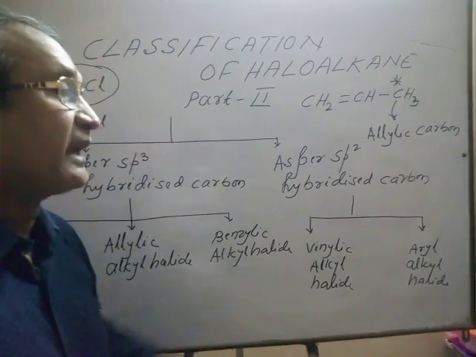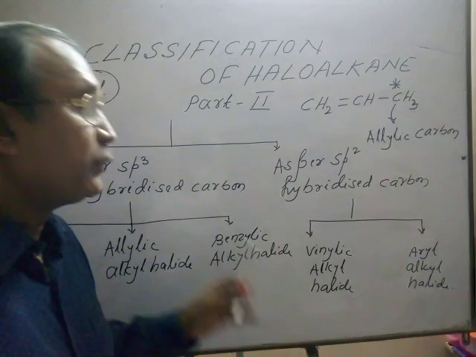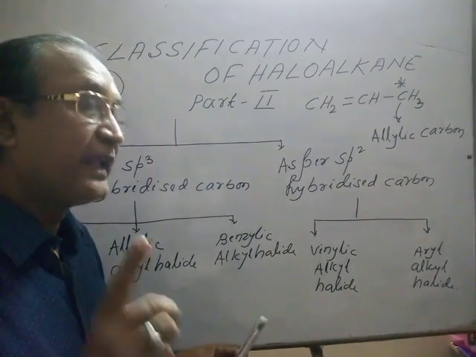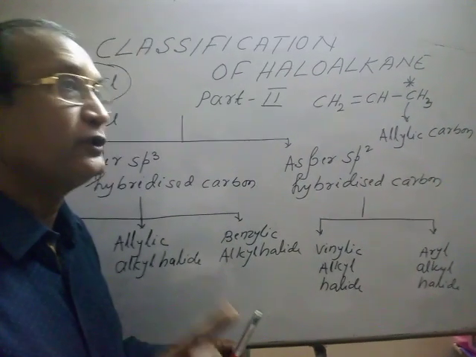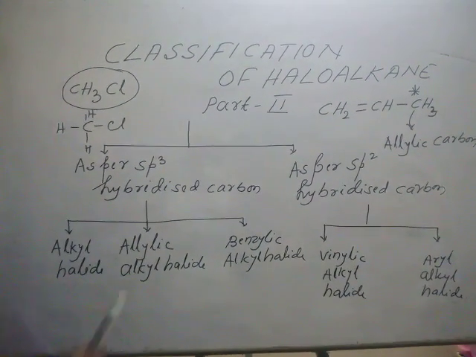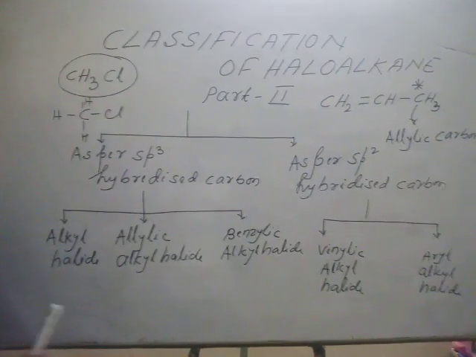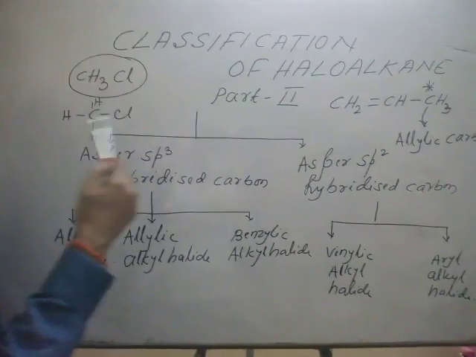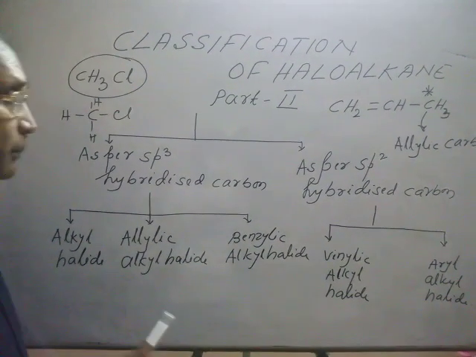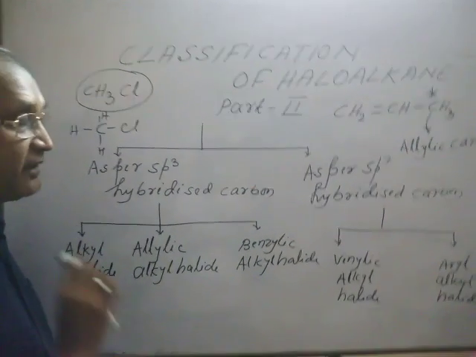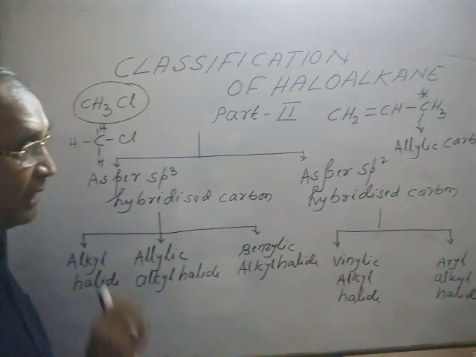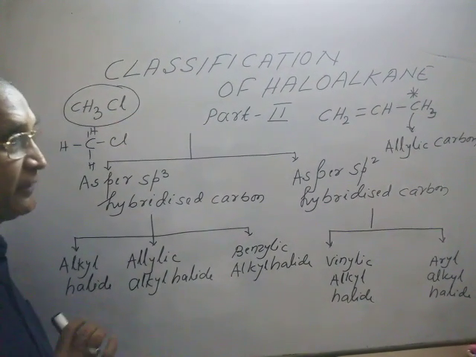For vinylic alkyl halide, if a halogen joins with that carbon which is joined with another carbon by a double bond, that type of alkyl halide is known as vinylic alkyl halide.